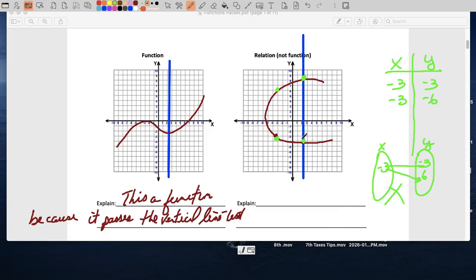So the x value at that particular point has two y values, and this is not a function because it fails the vertical line test. Okay.